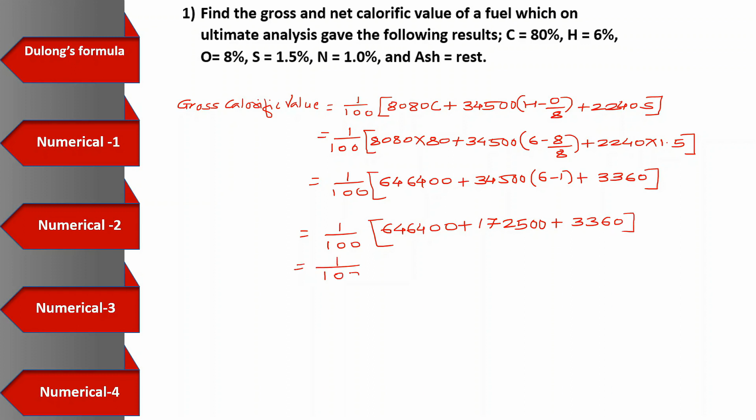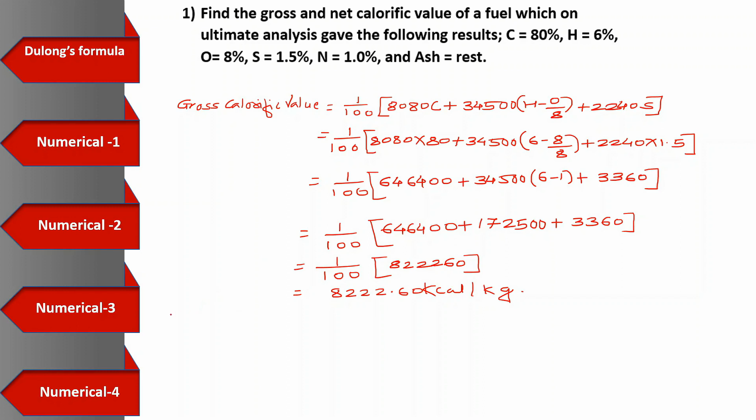So 1 upon 100 in square bracket, the total addition is 822260, which is nothing but 8222.60. The unit is kilocalories per kg. In that way we calculate the gross calorific value of the provided fuel.